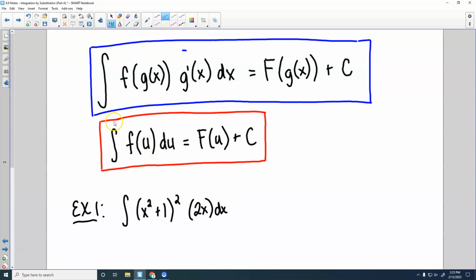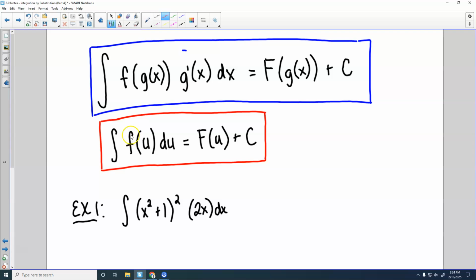So in this second version, which is going to be more of what we're going to use because we're going to use that letter U quite a bit, here instead of using g of x, to simplify that a little bit, we just put a u, and then du is the derivative of u there.